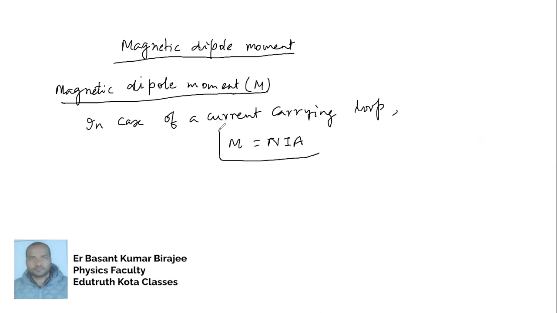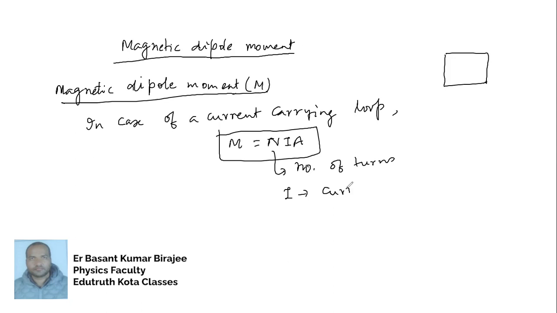So what are these terms? N is the number of turns. If it is only one turn like this one, then you just write I times A, current times area. I is the current in the loop, and A is the area of the loop. This is how we can calculate the magnitude of the magnetic dipole moment.